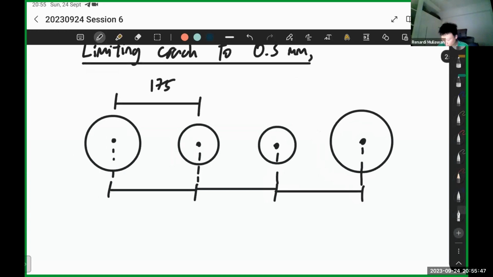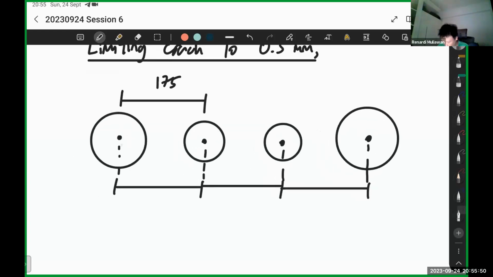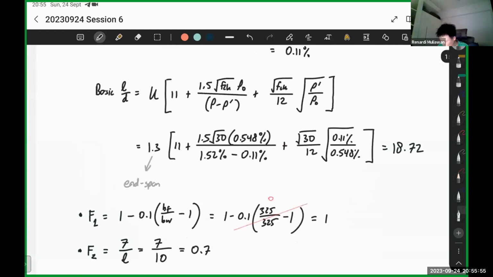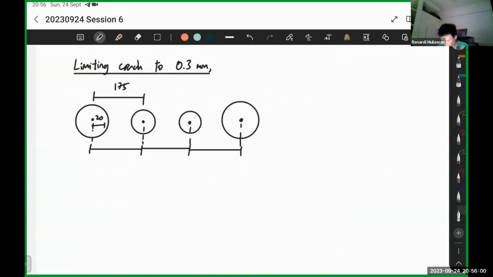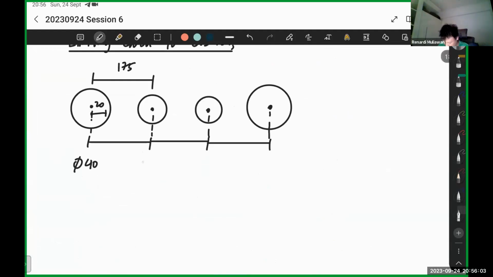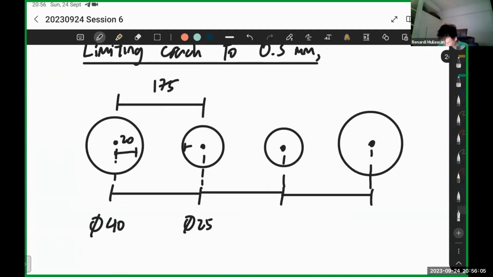We have 40, so the radius is 20, and for 25, it is 12.5. So 175 minus 20 minus 12.5 gives you 142.5.